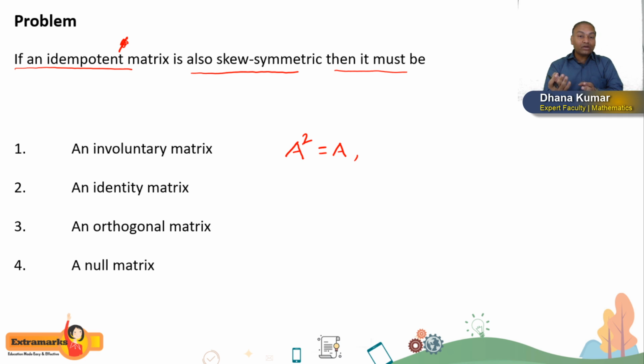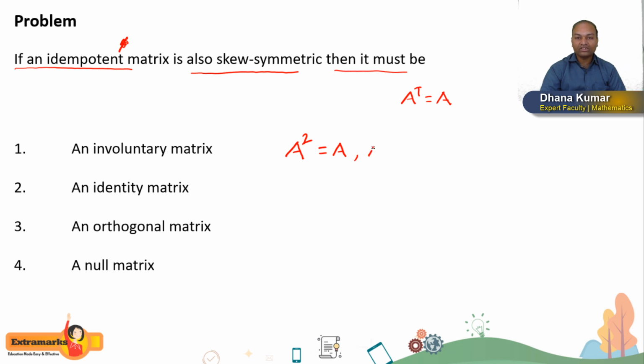What is symmetric? What is skew-symmetric? If A transpose is equal to plus A, then A is said to be a symmetric matrix.